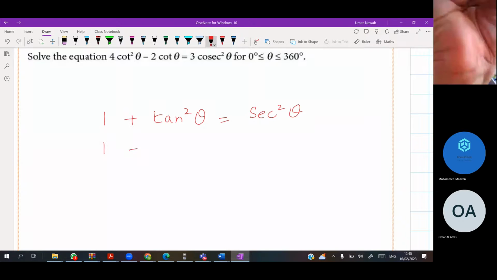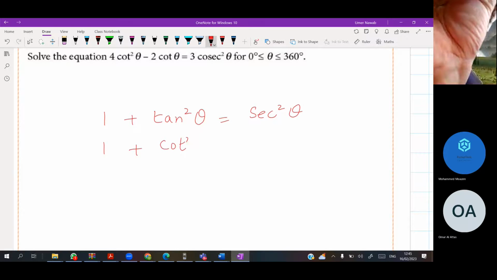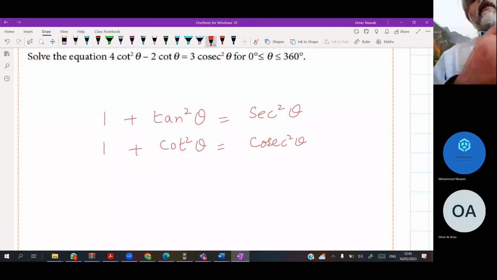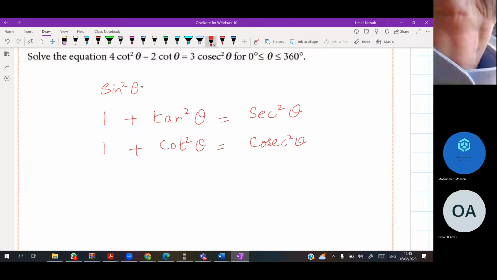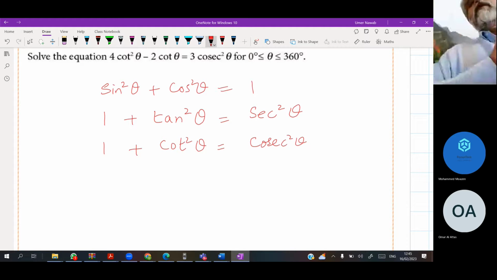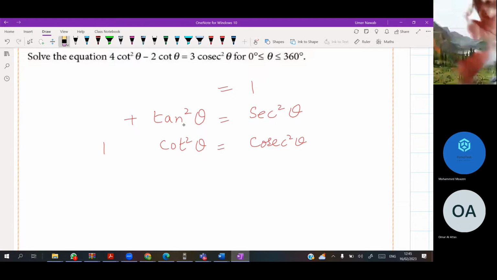Another one is 1 plus cot squared theta is equal to cosecant squared theta. Maybe I will ask you to use both of them in the question, okay? And the first one, which you took in A, is sine squared plus cosine squared theta equals 1. These are the 3 Pythagorean identities. If you forget them, you can refer to the MF19. They are provided over there. Clear?